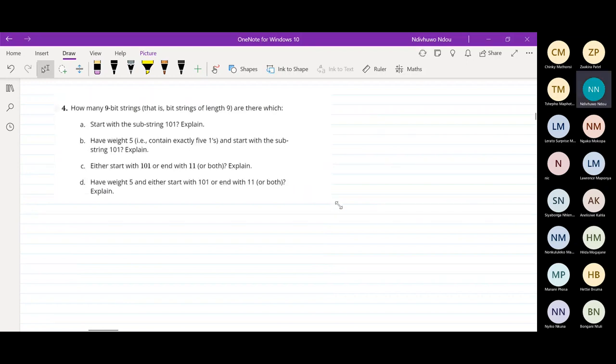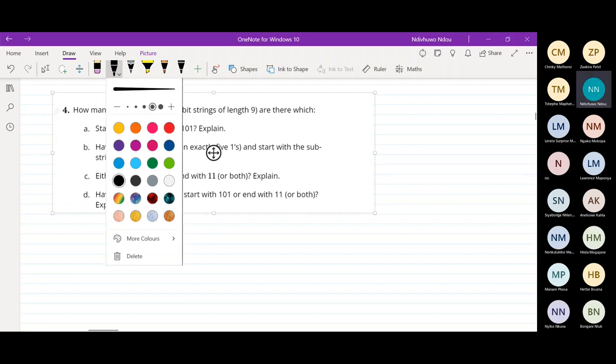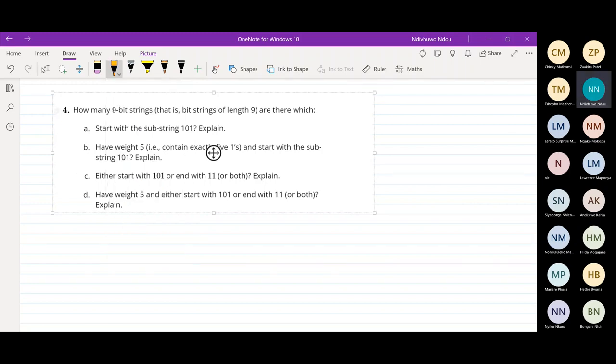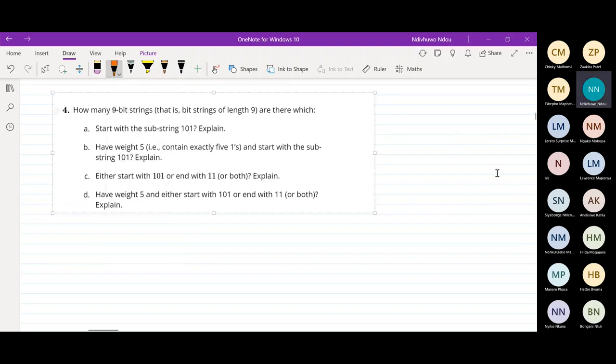Maponya, maybe you can first explain how you find the answer for A and B quickly. Then someone can also come in and say how they think we can solve C and D. Number A's idea is similar to what you just did. We're having a length of 9, so we're already given the first 3.